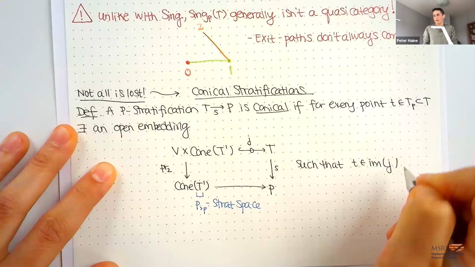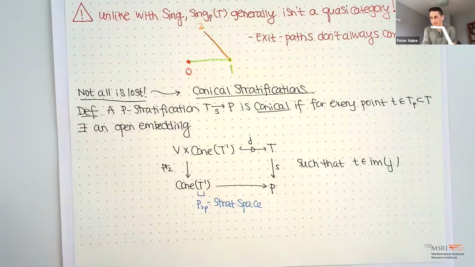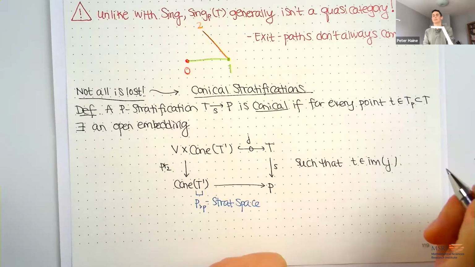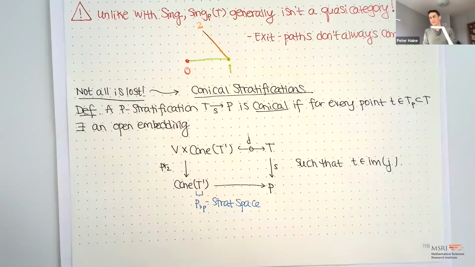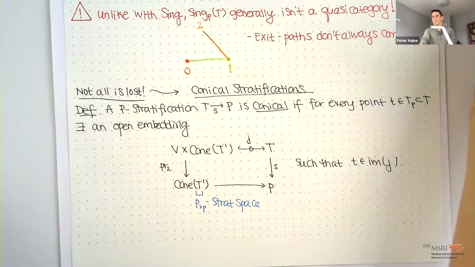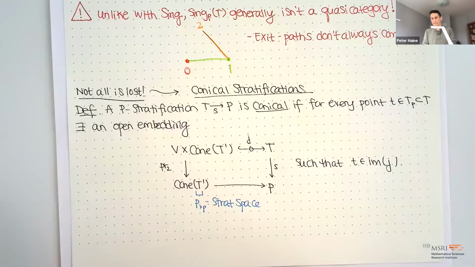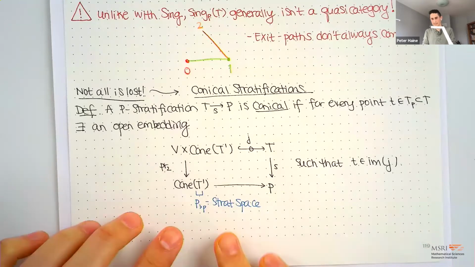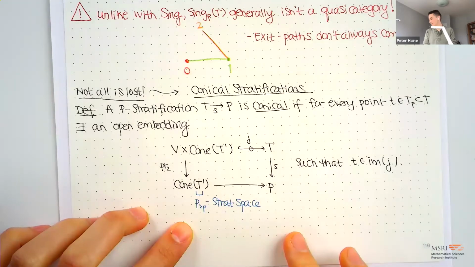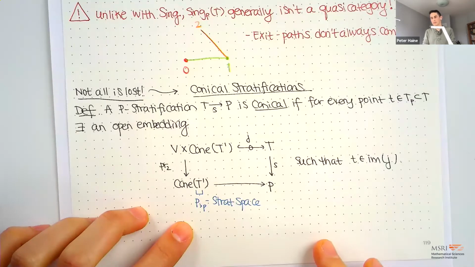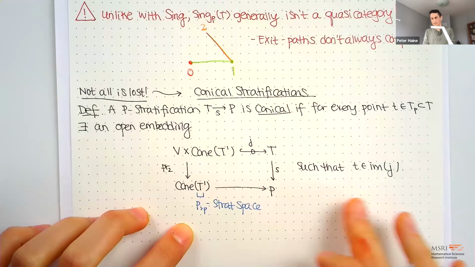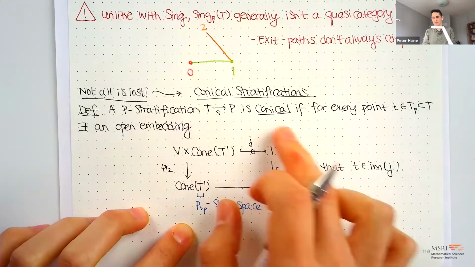Okay, so this is just a definition, but the point is that in the setting of this definition, this Sing P construction is actually going to produce a quasi-category. Maybe let me mention quickly that in the work of Goresky-MacPherson on intersection homology, they always talk about topologically stratified spaces, and these implicitly have this cone condition.